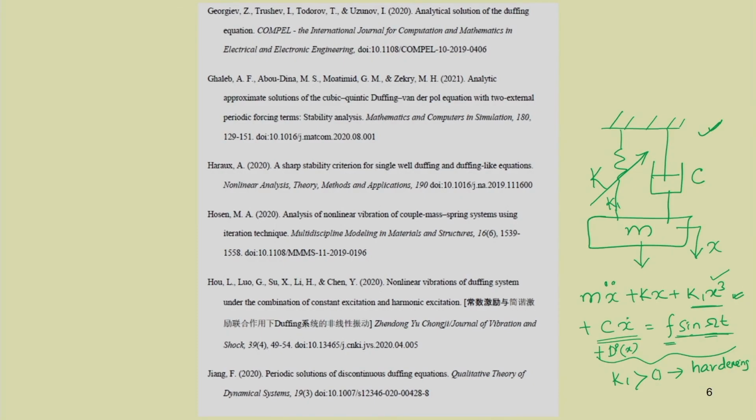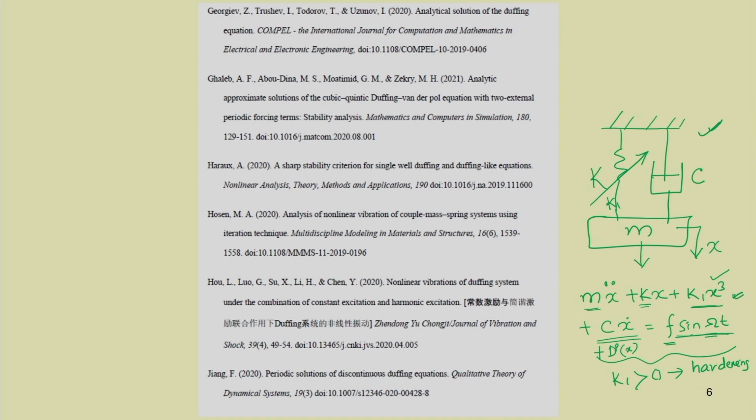So, one can analyze the simplest type of spring mass damper system, or write down the equation of a simple spring mass damper system in many different ways. Also, you may note that by taking different values of m, k, k1, c, F and omega, different types of response can be generated.